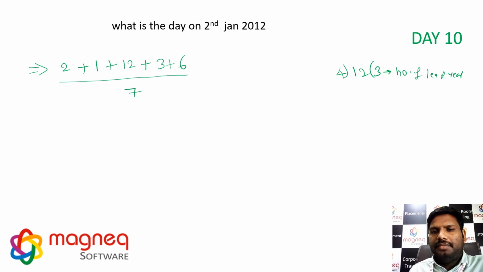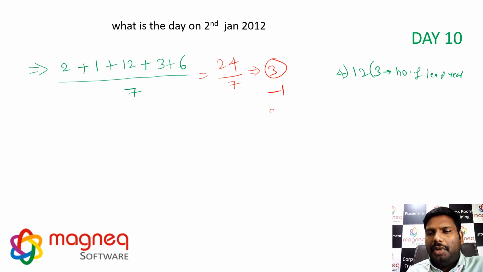Total sum 24 by 7, remainder 3. But there is one condition. What is the condition? When the given year is a leap year, decrease one day from the remainder for January to February. So remainder 3 minus 1 means 2.